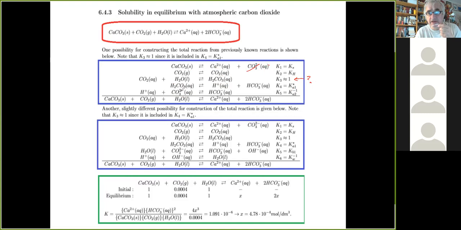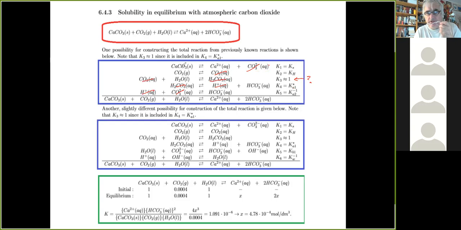But if we take all of these, carbonate, we find it here. Hydrogen carbonate, hydrogen ions. Well, we don't want hydrogen ions, but those we can put towards that one. Carbonic acid, we don't want that either, but we only want the effect from carbonic acid from aqueous, that one.